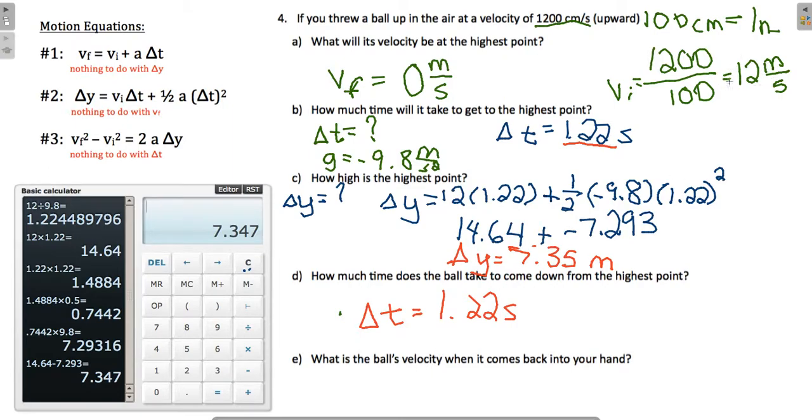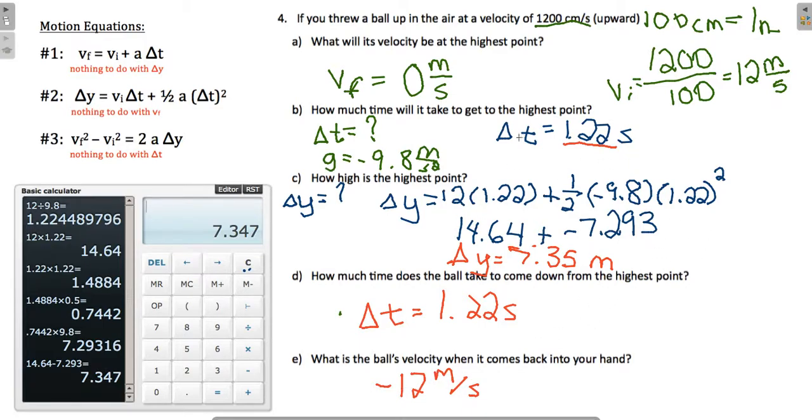So the speed that we threw it up in the air is the same speed it has on its way back down. So the velocity on the way down is still that 12 meters per second. Now the only difference is now it's on its way down, not its way up. So what we have to add to that answer is a negative sign to show the direction downward.